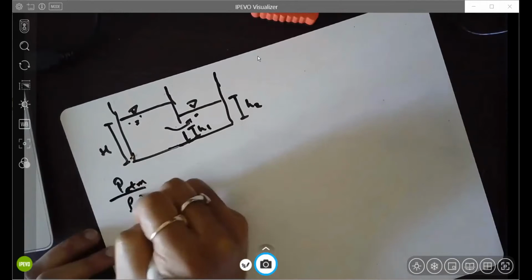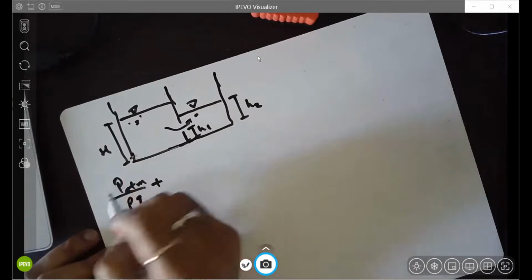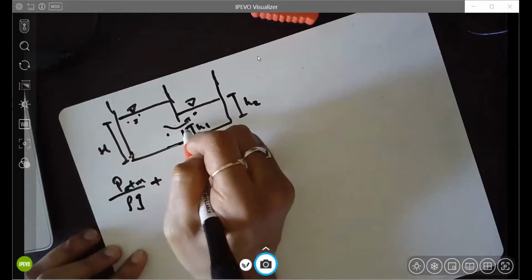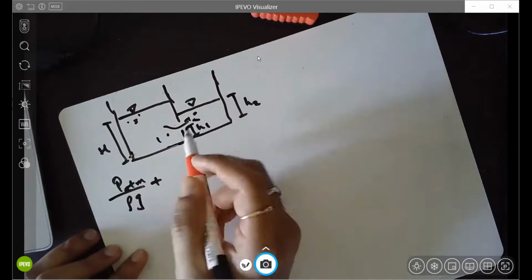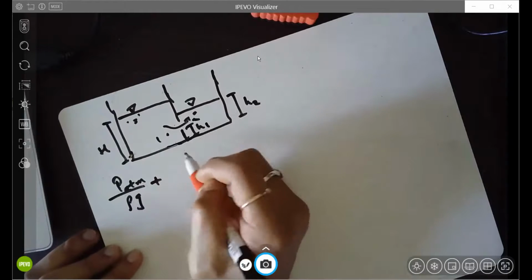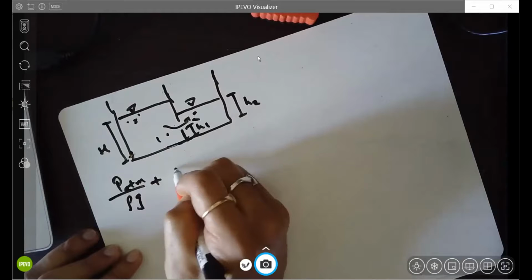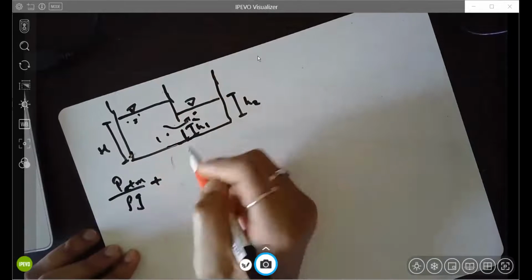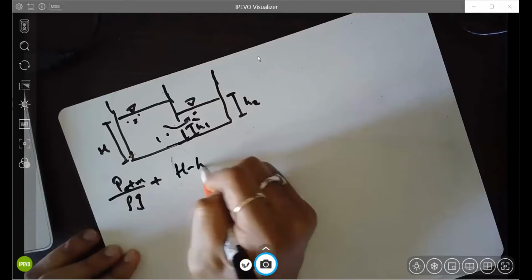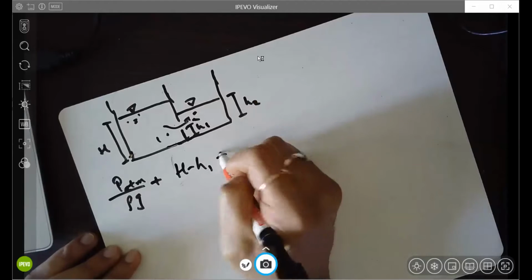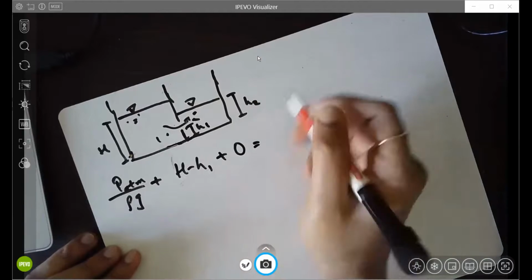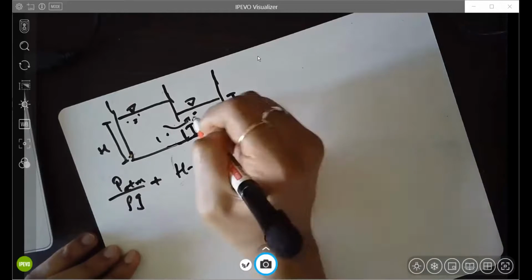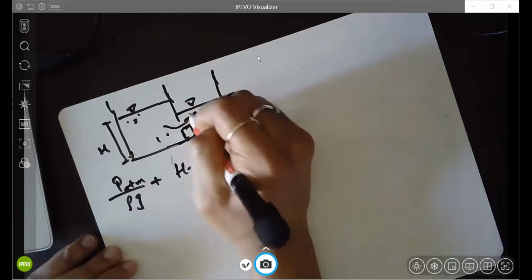The atmosphere by rho g, you can take 2 points here, point 1, point 2. The atmosphere by rho g plus elevation, plus h minus h1, plus velocity 0 is equal to, okay, now tell me what will be the pressure head out here.